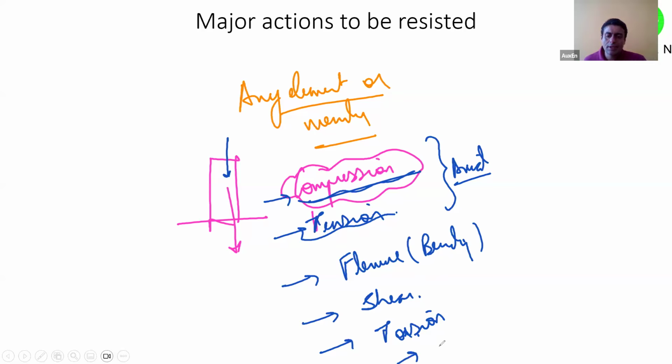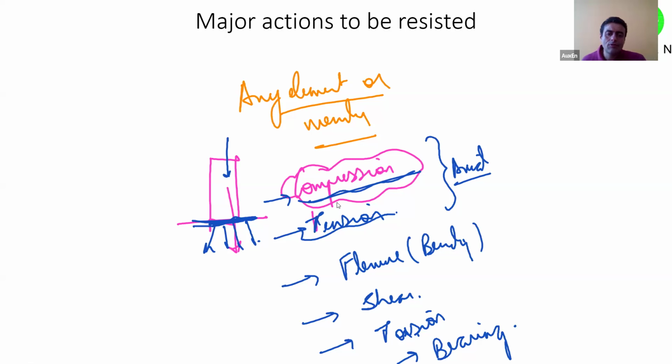Another action can be your bearing. Is this clear? So bearing means where the load transfer takes place, compressive load transfer takes place usually through the contact area. So if your load transfer is taking place through contact area, we usually call it the bearing action.